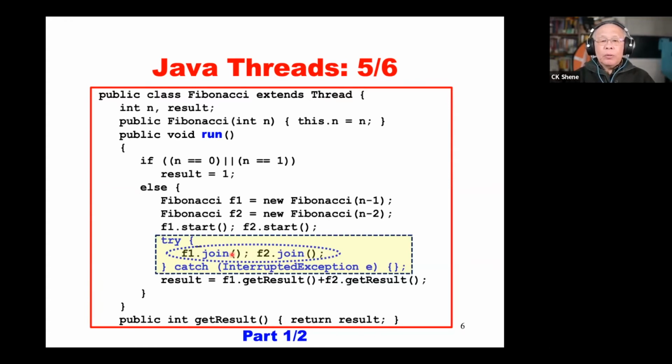Once both threads complete, we retrieve F1's results and F2's results, add them together and put them into the results of this class variable. So get results simply returns the value of the results of that particular class. So this is the run method.